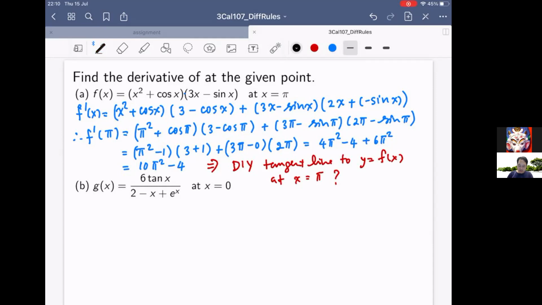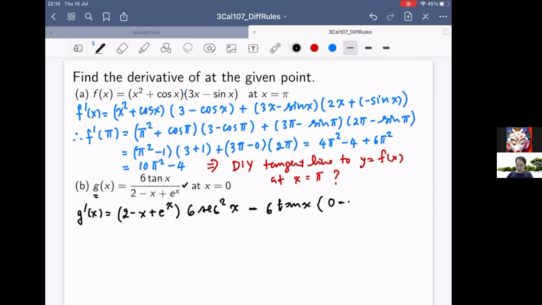The next one, your g is in terms of a quotient, right? So you are going to find your g prime, which is the bottom first, right? And then derivative of the top. So you have 6. Derivative of secant is what? Oh, sorry, the tangent, it is what? Secant square. And then minus the top, and then derivative of the bottom. So the derivative of 2 is 0.